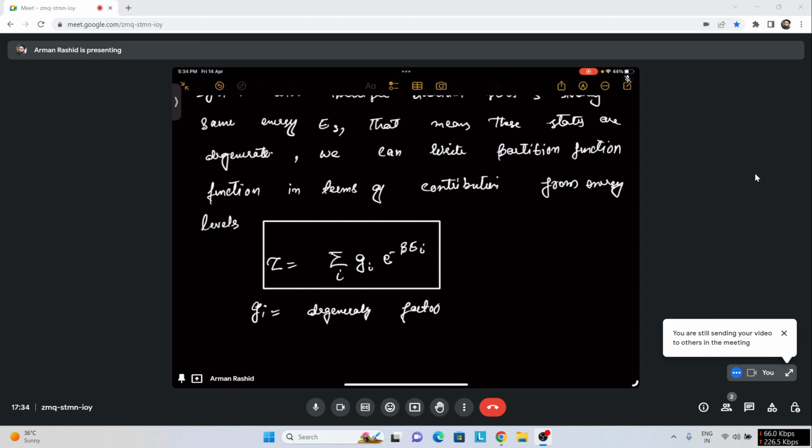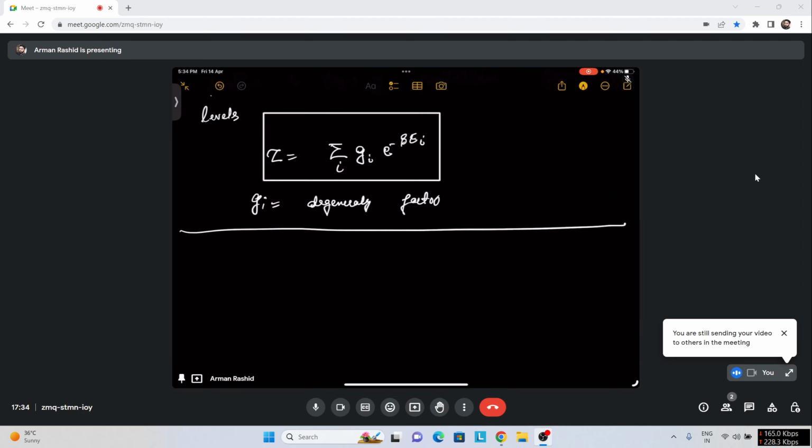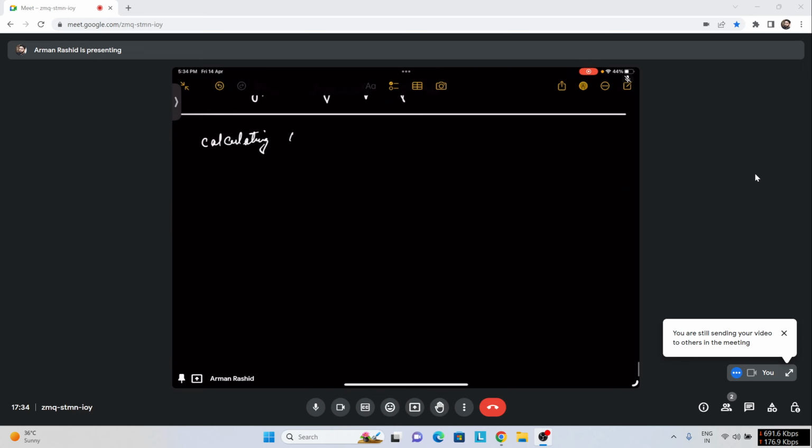Now we have determined these quantities. What we'll determine now, from this partition function, are various thermodynamical parameters. The first thermodynamical parameter that we'll be calculating is the thermodynamic energy from the partition function.